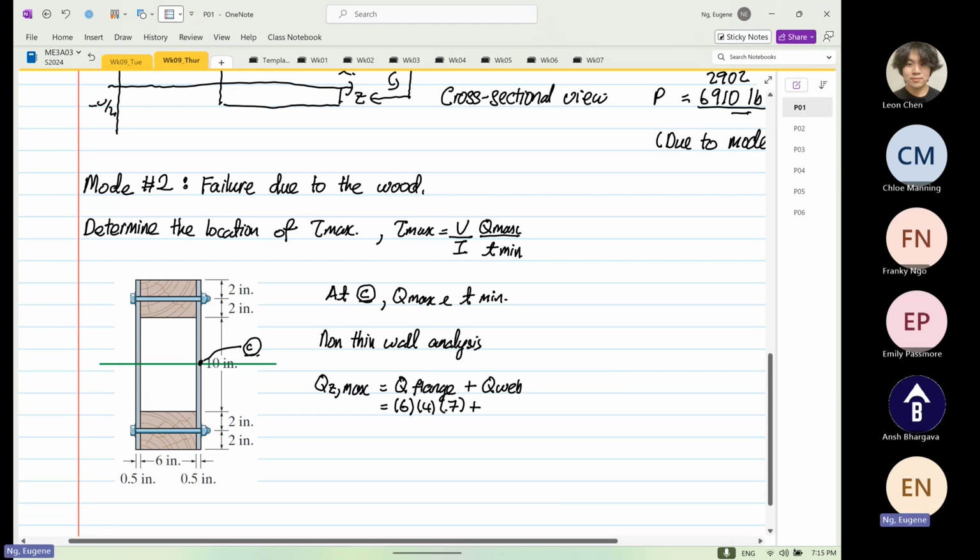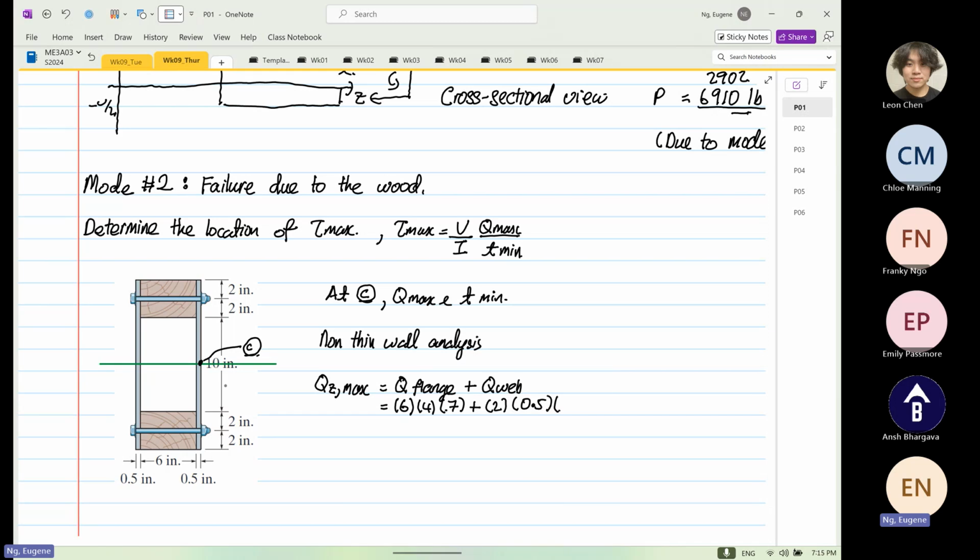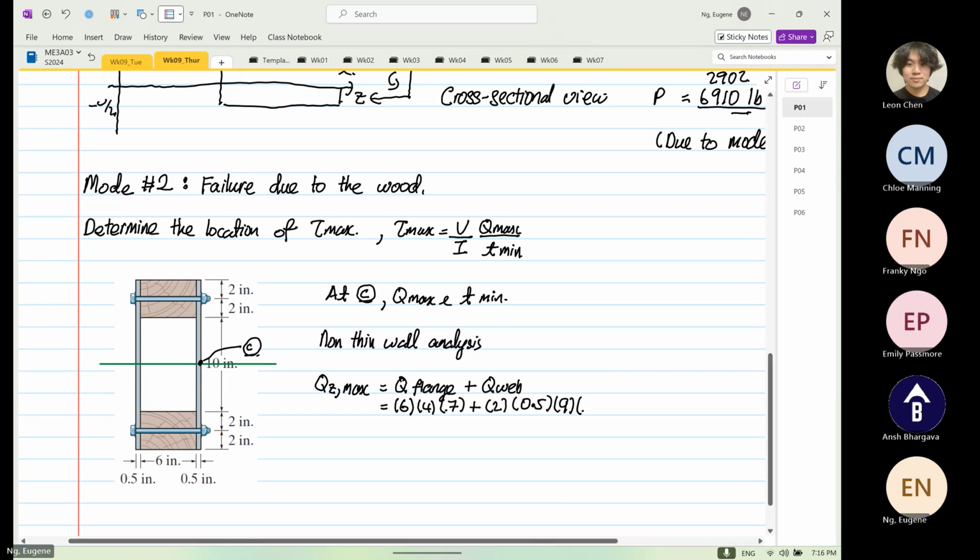And then the web, you have left and right, which is the 2 over here. The thickness is 0.5, and then the depth is 5 plus 2 plus 2, which is 9. And then you have the Y bar, 9 divided by 2.